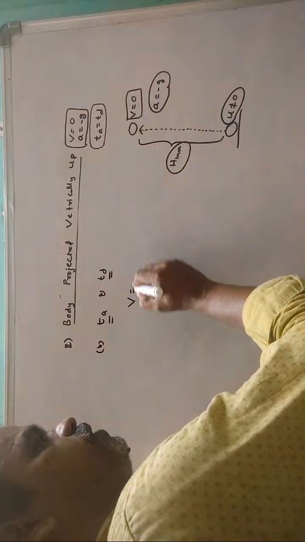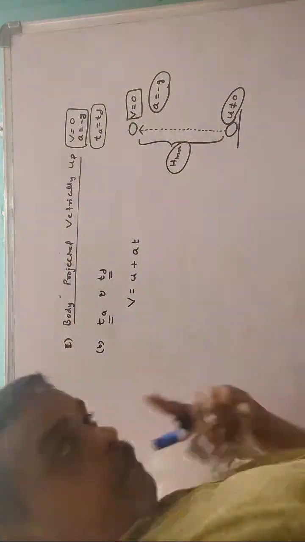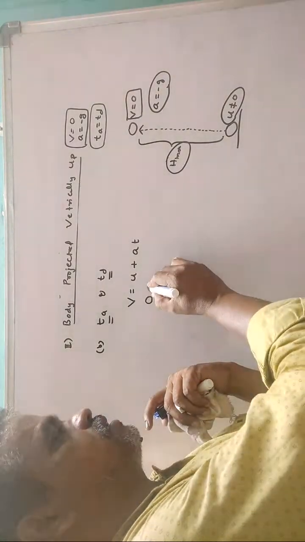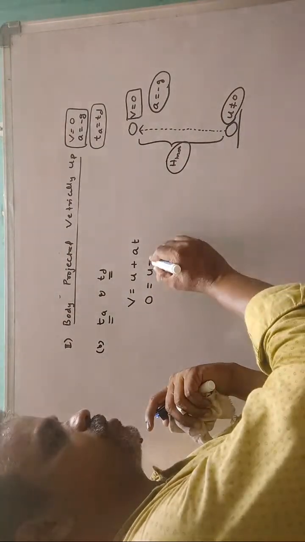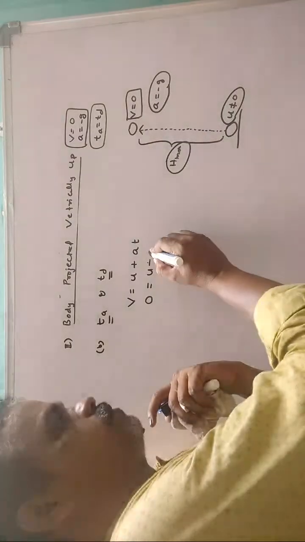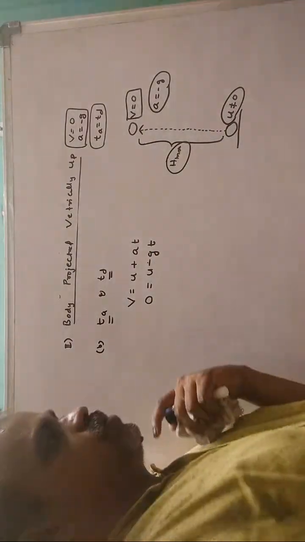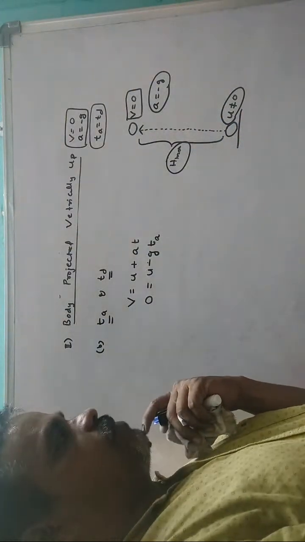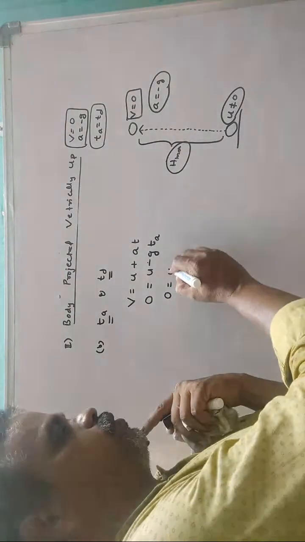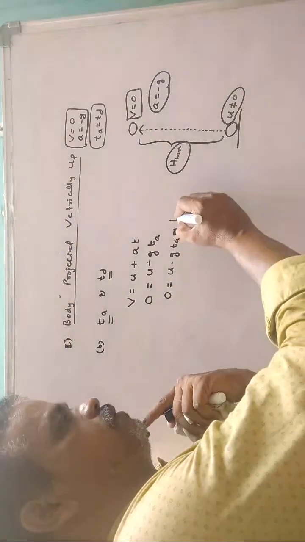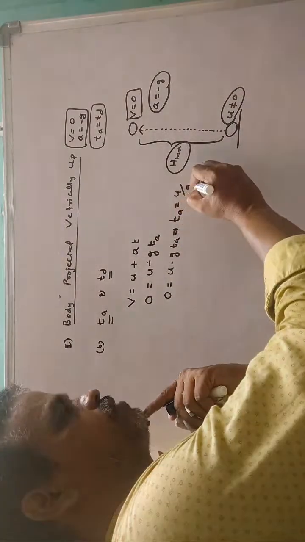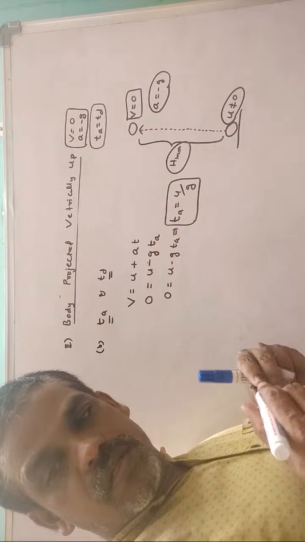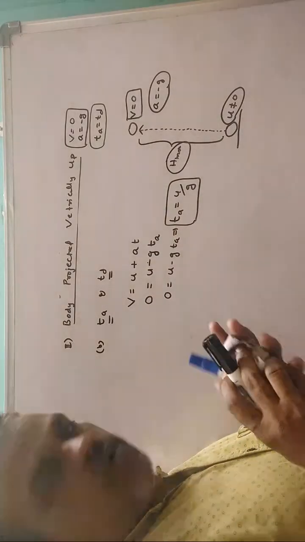Putting in time of ascent: 0 equals u minus g ta, so ta equals u by g.